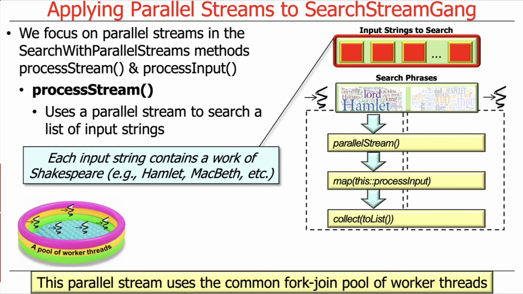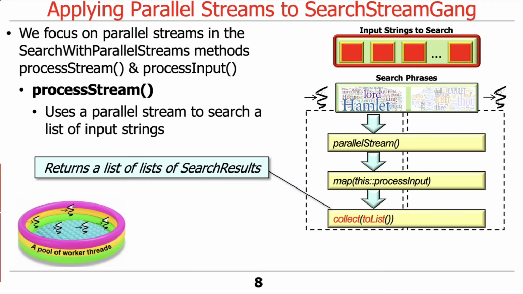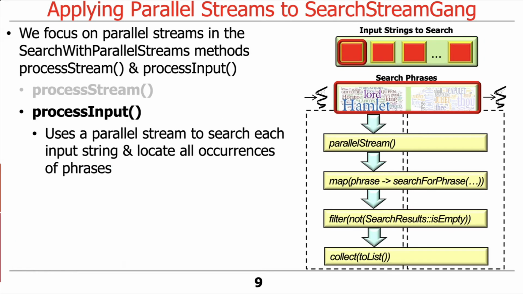This parallel stream, of course, uses the common fork join pool of worker threads. No surprise there, they all do that. That's what parallel streams does. And it returns a list of lists of search results. And we'll talk later when we get further along about why we have a list of lists of these things. And each of those lists of lists will include the search results that happen to match.